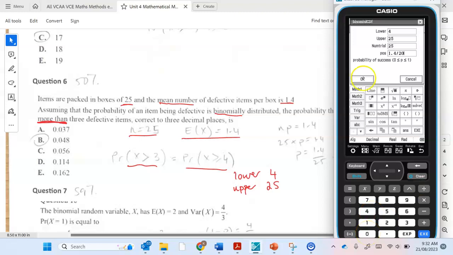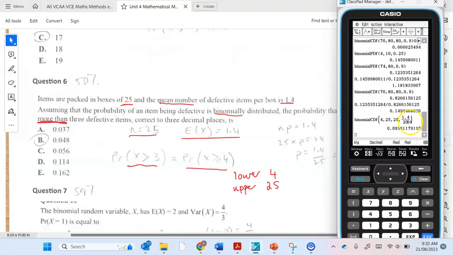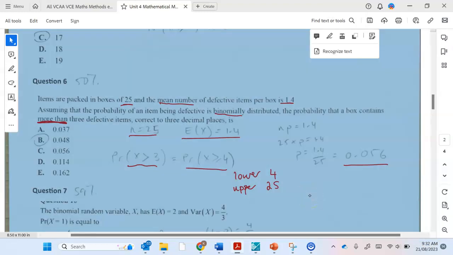No rounding though. And there we go. Oh gosh, where did I go wrong? What did I do wrong? I'm so tired. I'm making mistakes left, right, and center. There we go. That's better. So 1.4 over 25. Whoops. I hate it when it does that.